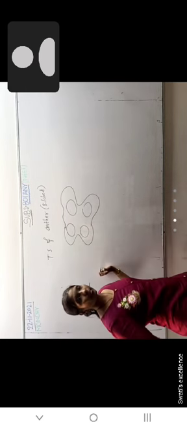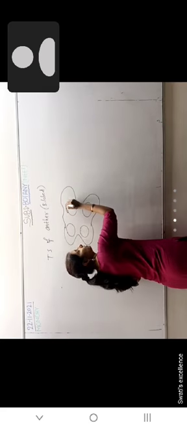In the TS of anther, we studied that if it is a bilobed anther, there are 4 pollen sacs. How many? 4. Now, each pollen sac has the layer around it, that is tapetum. Not talking about the tapetum in detail.